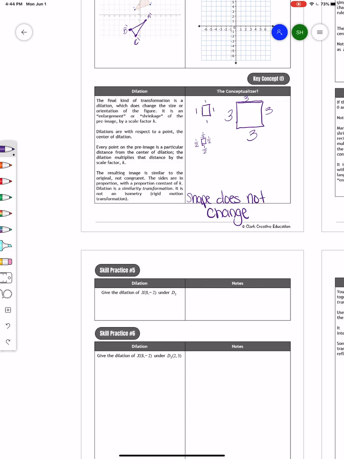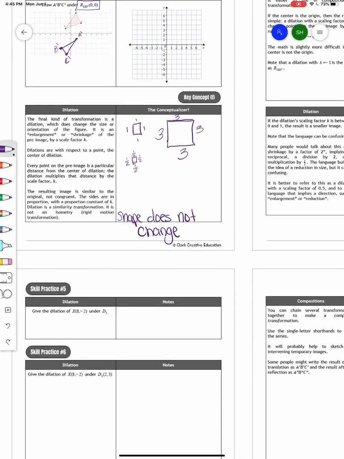So, when you have a dilation, your original point will be xy. Your new point will be cx, cy. Think about when we do algebra. When you have a number next to a variable, what do you do? You multiply.